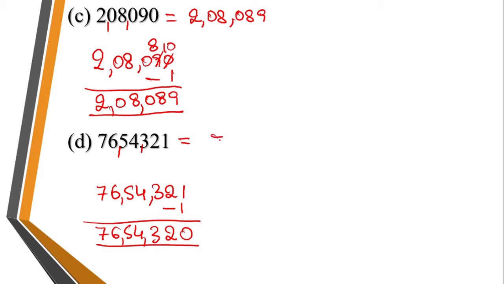So we will get the predecessor as 76,54,320. So this is the predecessor of 76,54,321. So this is the fourth question.